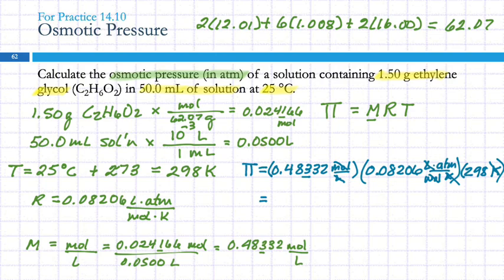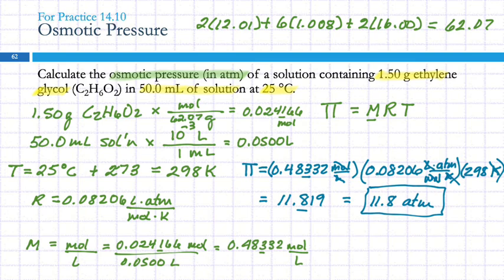So 0.48332 times 0.08206 times 298 gives 11.819, 11.8 atmospheres. It's actually a pretty high pressure, almost 12 times normal atmospheric pressure. Any questions?